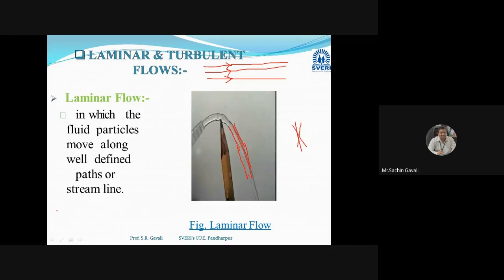To identify whether the flow is laminar or turbulent, there is one number in fluid mechanics called the Reynolds number. What is the formula of Reynolds number? ρVd divided by μ. So this is the formula of Reynolds number, ρVd divided by μ.